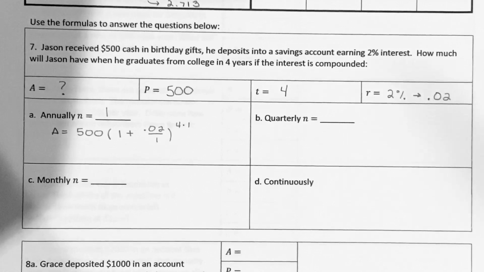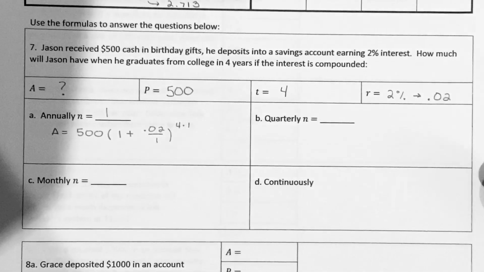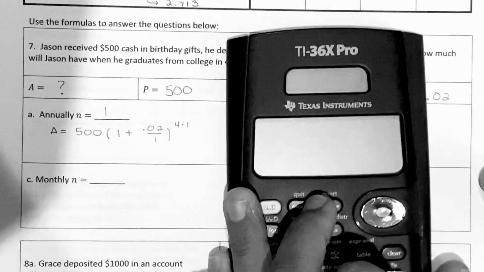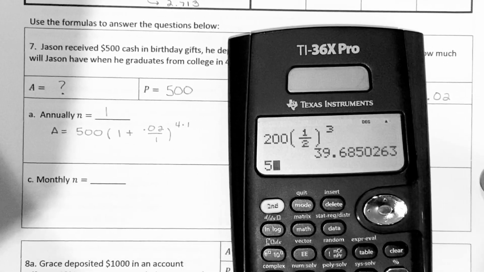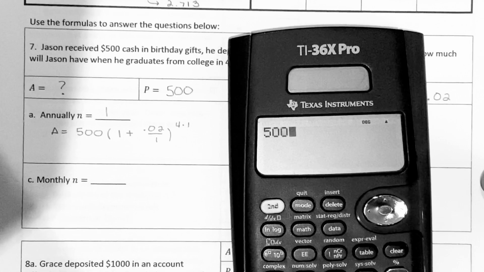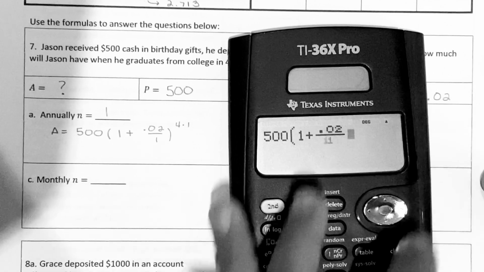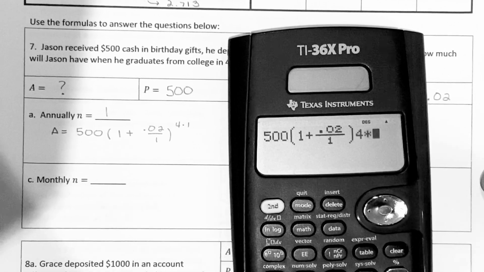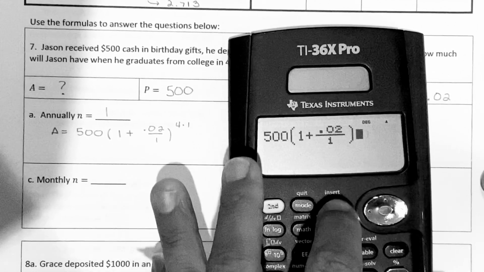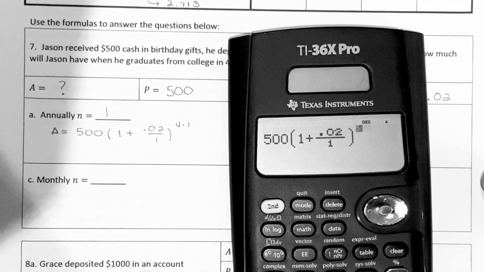Obviously it doesn't matter which way you do it. So we're going to put that into our calculator. We have 500, 1 plus fraction bar 0.02 over 1, raised to the exponent, 4 times 1. Again, I forgot the exponent part.